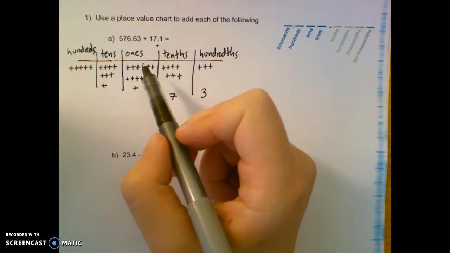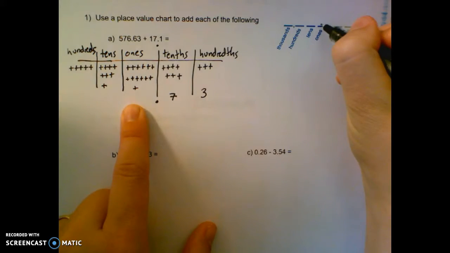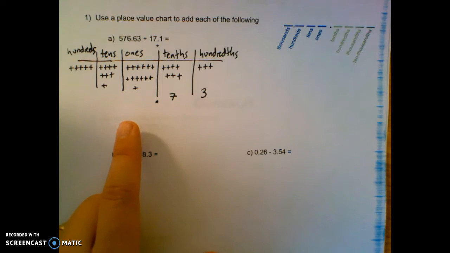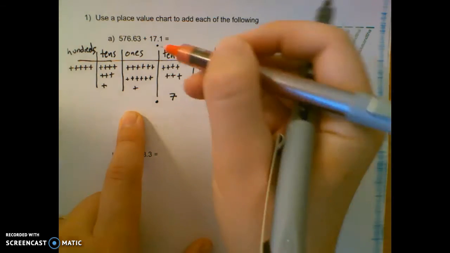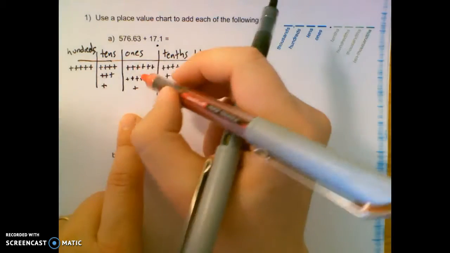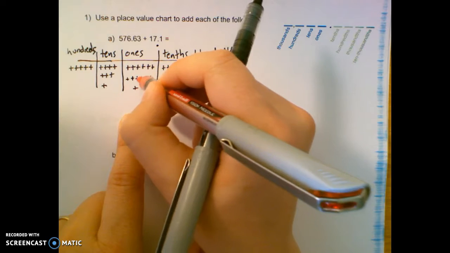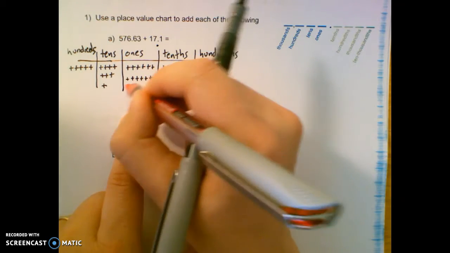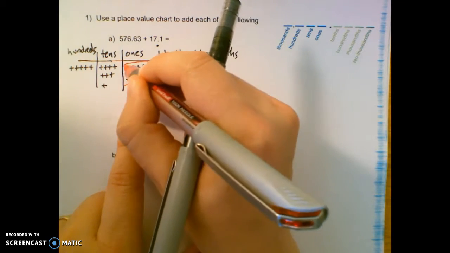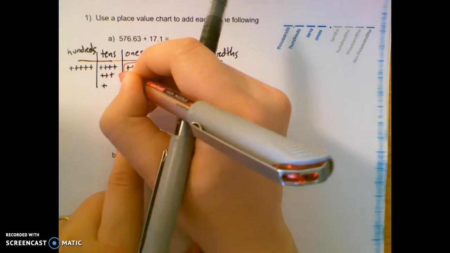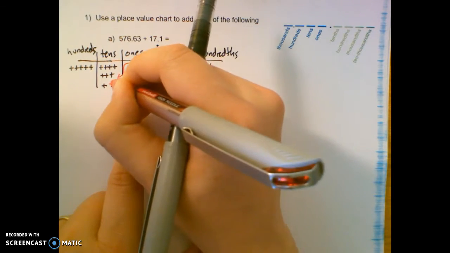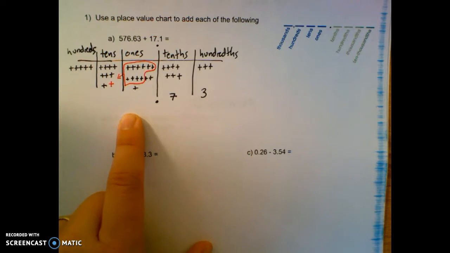Ooh, now I have a problem. There's only one space for me to write how many ones I have, but I have 13 of them, and 13 is 2 digits. So this is where regrouping comes in, or carrying, as you know it from the standard algorithm. Every time I have 10 of these, 1, 2, 3, 4, 5, 6, 7, 8, 9, 10, those get regrouped and turned into 1 in the next column.